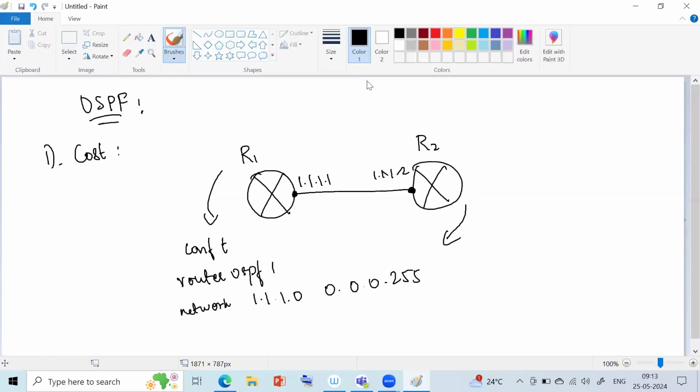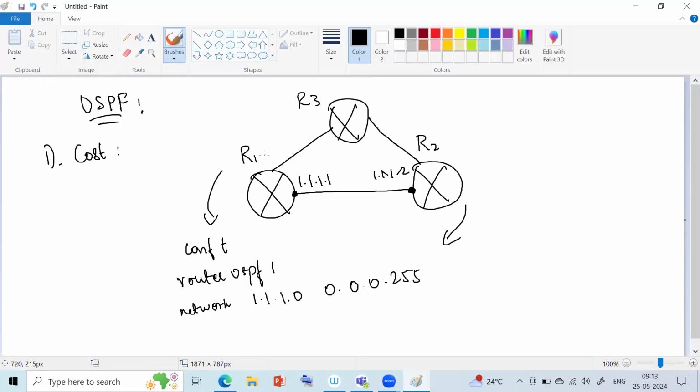Now, after this, I have another link, and it goes via R3, right?